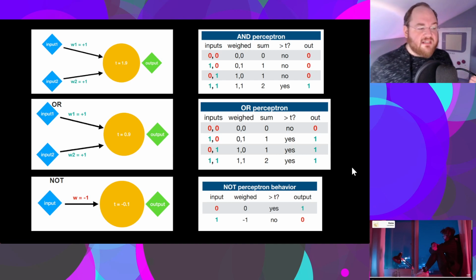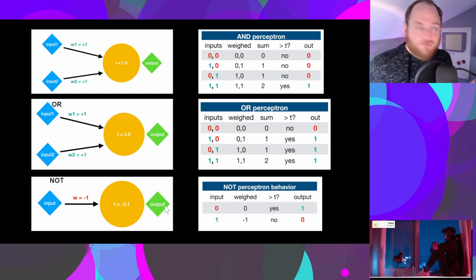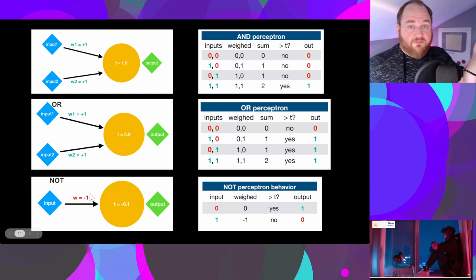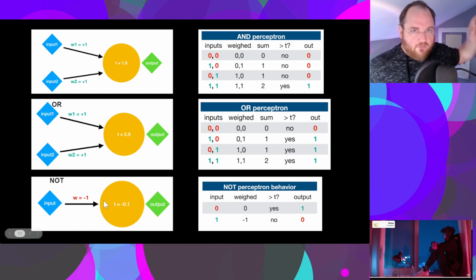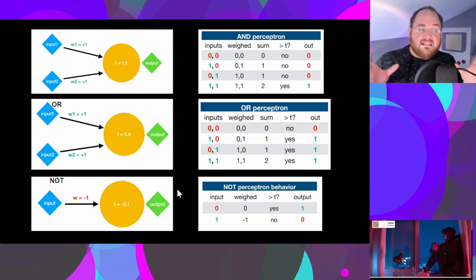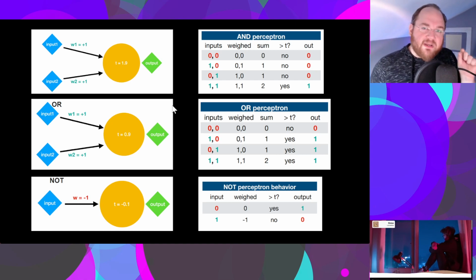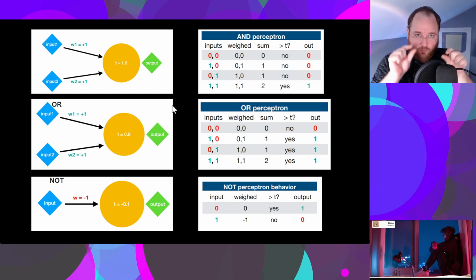If a 0 comes in, it stays above the slightly negative threshold, so we output a 1. If a 1 comes in, we multiply by -1, we go way below threshold, and we don't output. This is a pretty powerful set of basic Boolean logic, and we can do it just by twisting the knobs on what exists here.